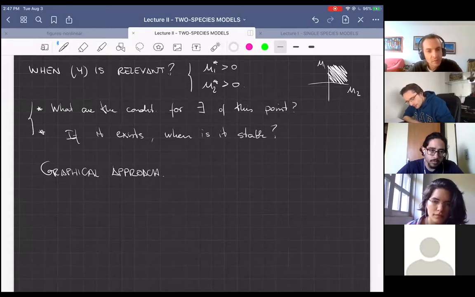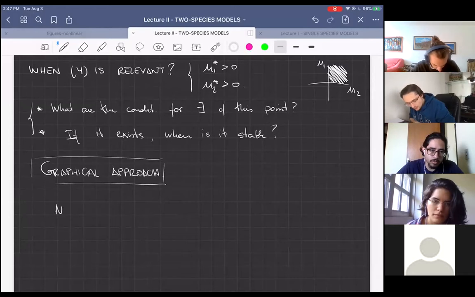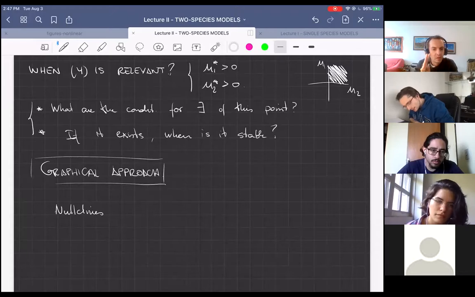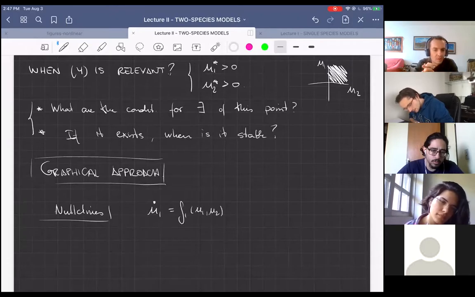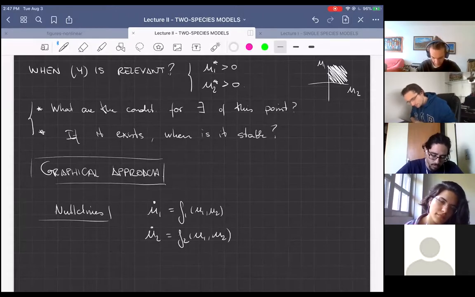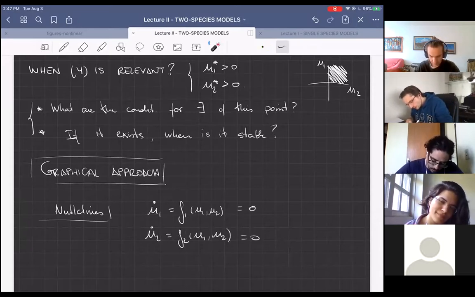So a concept that appears very important in these 2-dimensional systems is the concept of the null lines. When I have my dynamical system that is given by this set of equations, we already said that the fixed points are going to be the points where both these 2 equations are equal to 0.